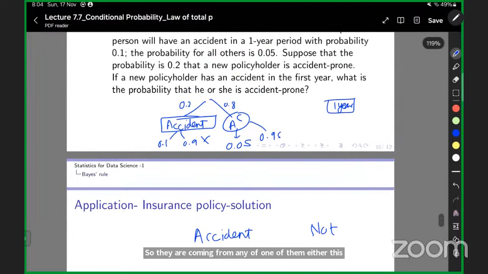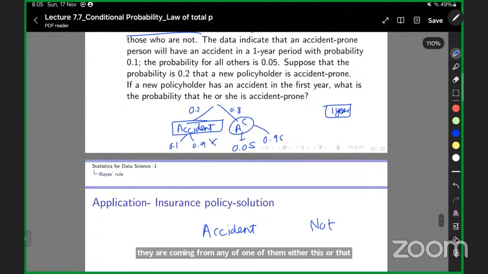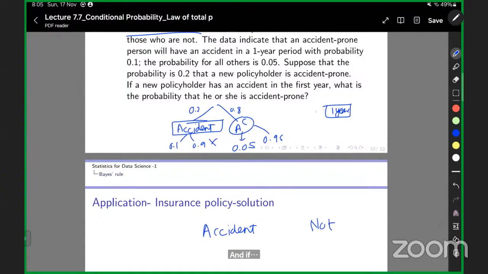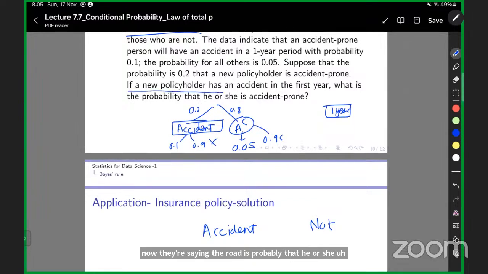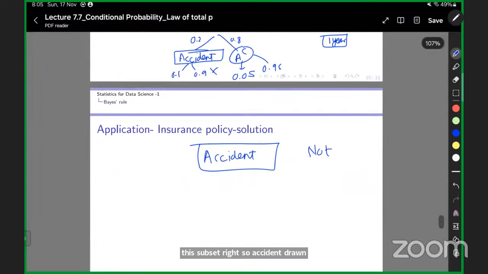What they have given us is that a new policyholder has an accident in the first year itself. So somebody who got a policy met with an accident in the first year itself. What is the probability that he or she is from this subset, accident prone? So we have to solve this. How will you do that?